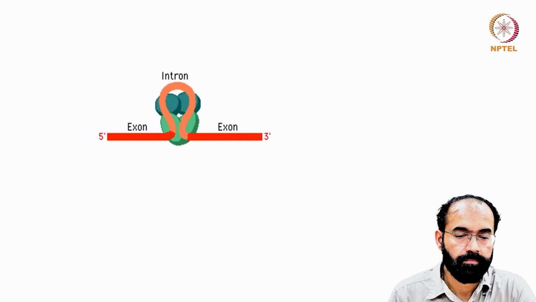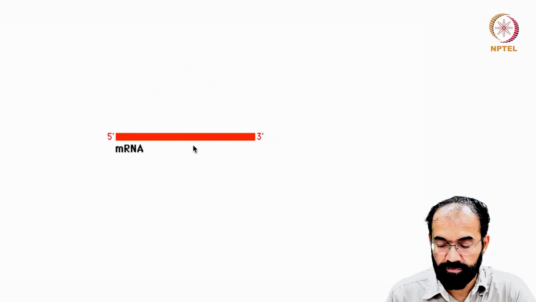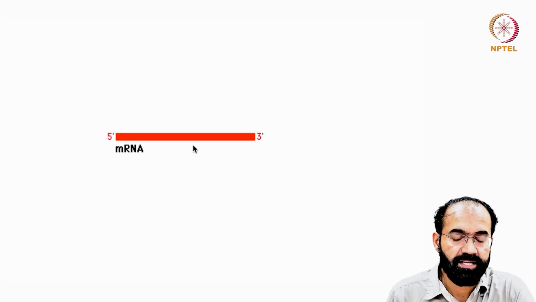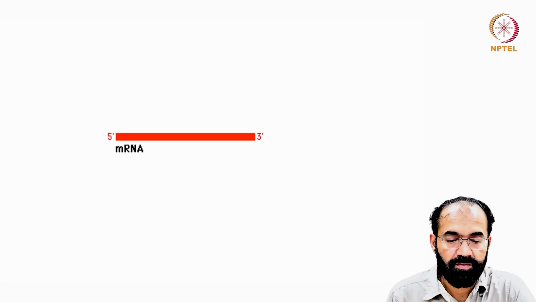Once again I will play. Introns are removed and the RNA is formed. This is the basic principle of how the RNA gets matured with the help of the spliceosome.